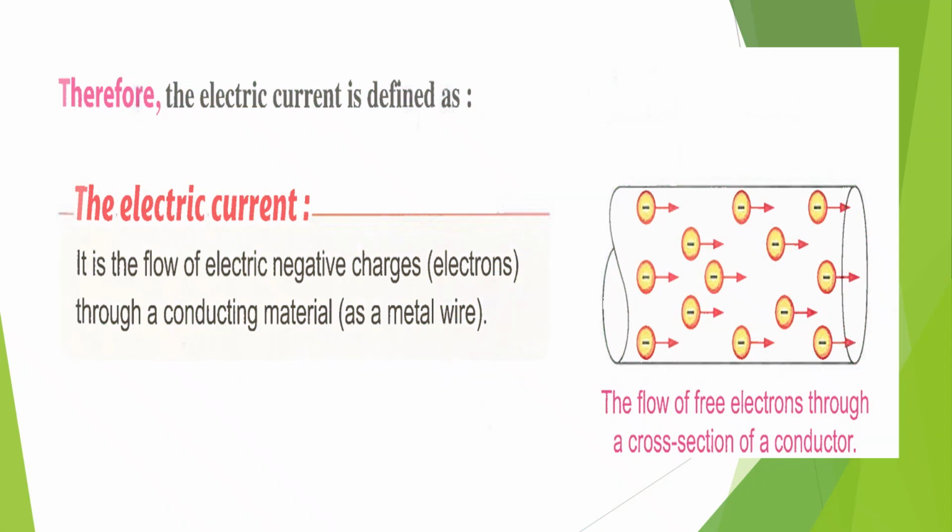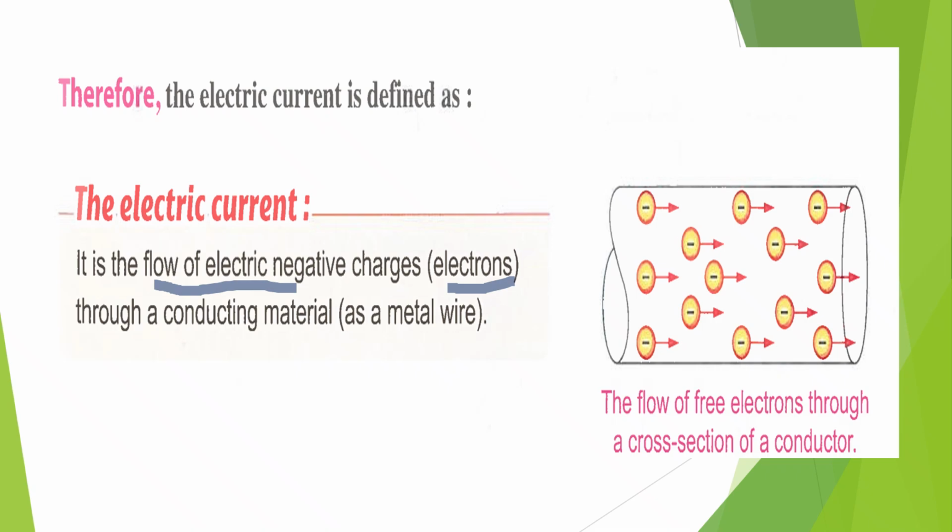So let's finally come to the meaning of the electric current. The electric current is the flow of electric charges or the flow of electrons. What makes these electrons flow? They flow because they are free. And they are free because they are less attracted, or there is a weak attraction force between them and the protons in the nucleus.